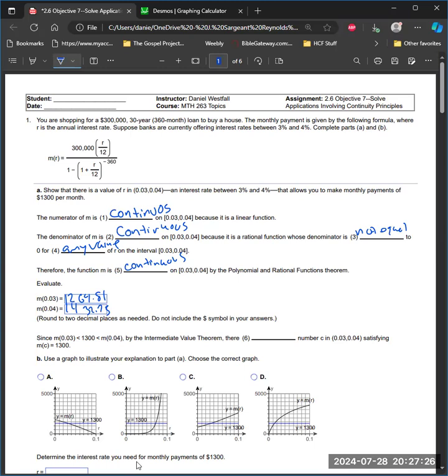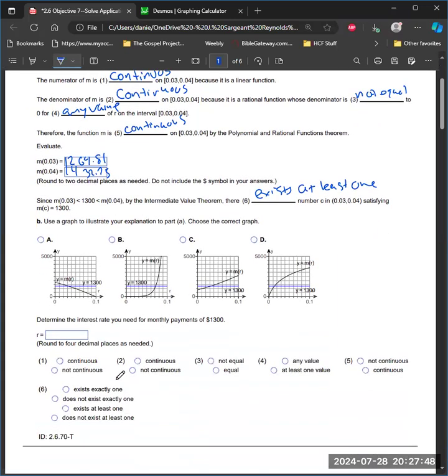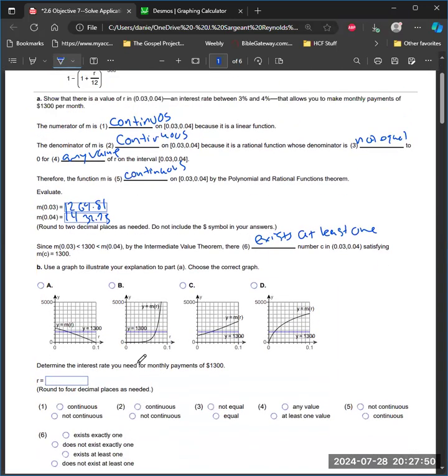And 1,300 is between there. So since 1,300 is between M of 3% and M of 4%, by the intermediate value theorem, there exists at least one number C in the interval satisfying M of C equals 1,300.